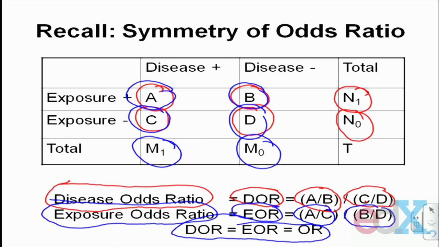Well, now for case control studies, remember what we're going to be doing. In case control studies, we're going to be measuring cases. We're going to be taking cases who already have disease and asking about their previous exposures. We're going to be measuring exposure odds. We're going to take controls, other people who reflect the population from which the cases came. We're going to be asking them about their previous exposure.